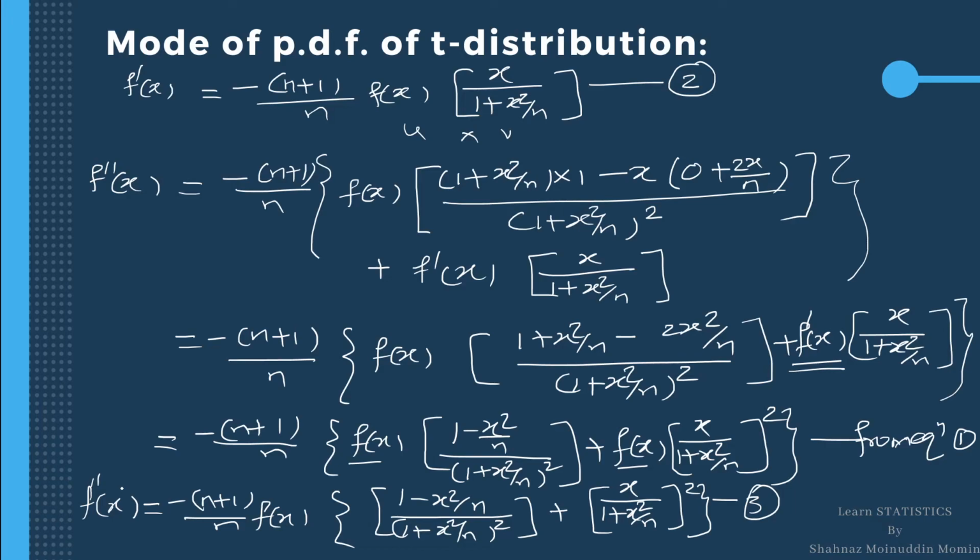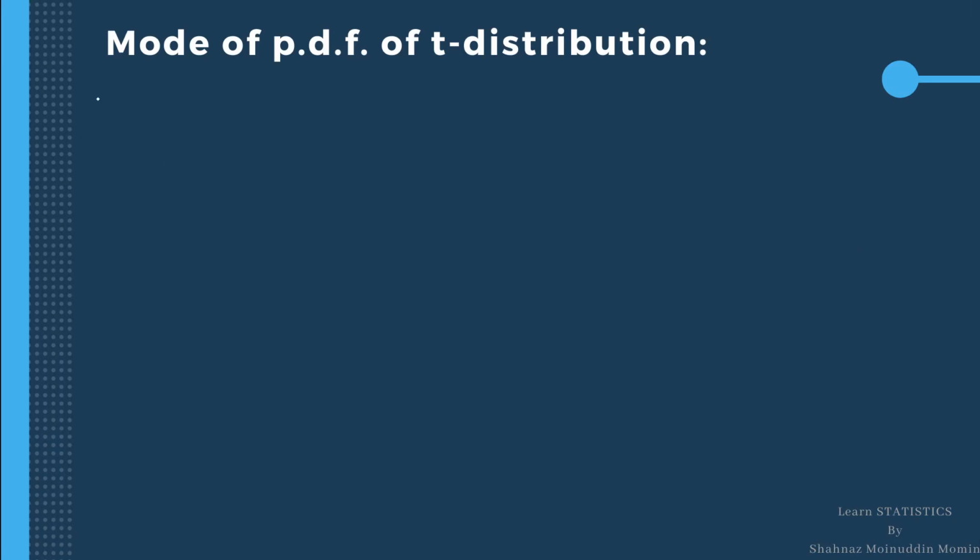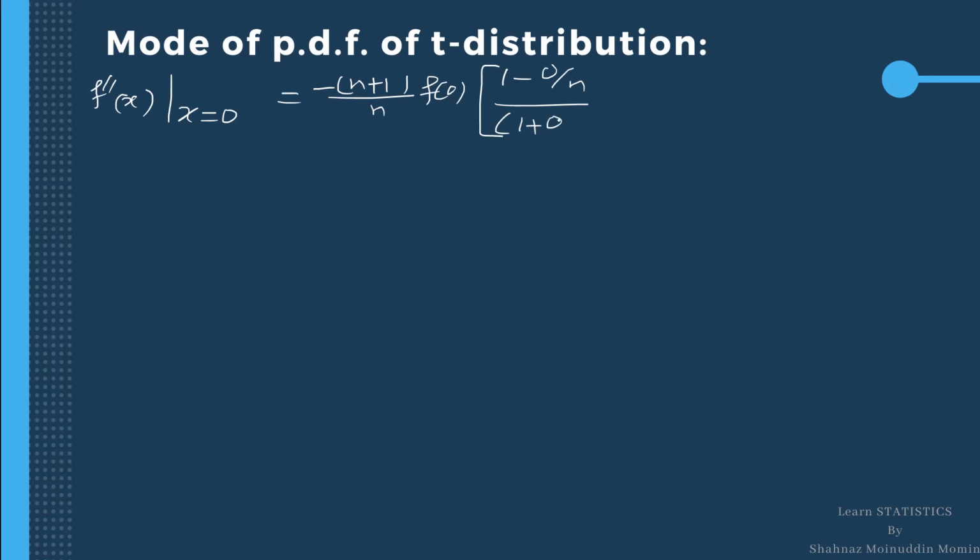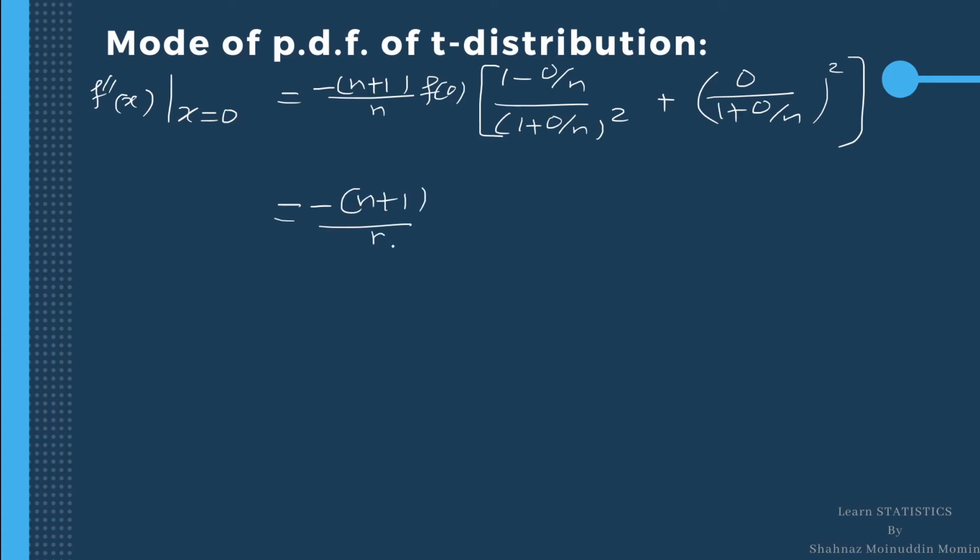Then we will see what will happen. Therefore f double dash x at x equal to 0 is equal to minus n plus 1 upon n into f0, into bracket 1 minus 0 upon n divided by 1 plus 0 by n whole square, plus 0 divided by 1 plus 0 by n bracket square, which is equal to minus n plus 1 upon n, f of 0, into bracket 1 plus 0.